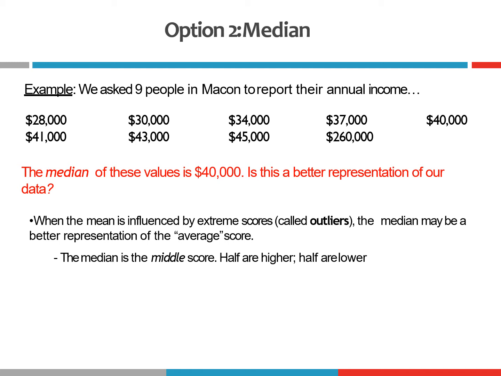But it's clear that the median is probably a better estimate of the average in this case than the mean. Okay? So what is the median? The median is quite literally the middle score. So it's the middlemost value in our data set, such that half of the scores in our data set are higher and half of the scores in our data set are lower.